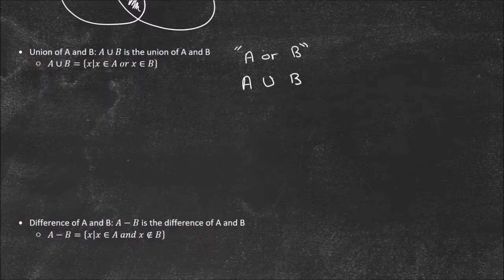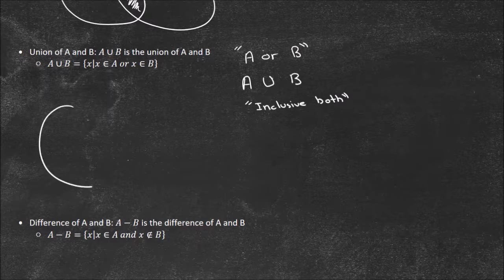It's x, where x is an element of A or x is an element of B. And this is important because in the English language, if I say I want oranges or bananas, people wouldn't think that means I want oranges and bananas. But in math, that's what it means. It's an inclusive or, so you can be both. It's not just one or the other.